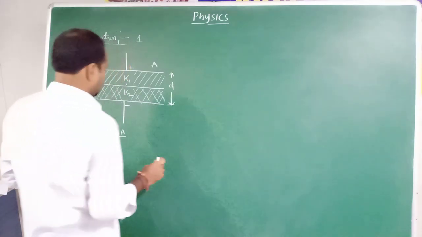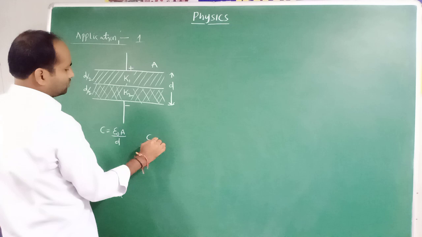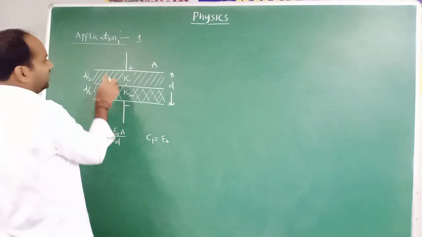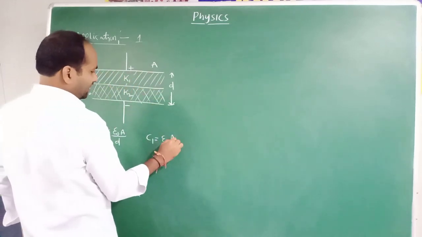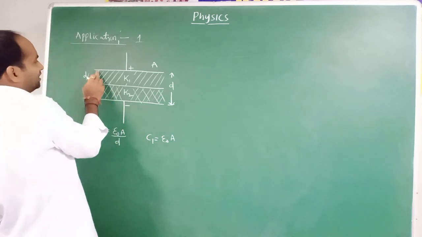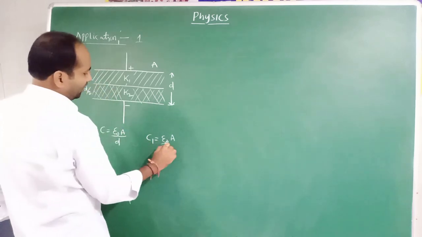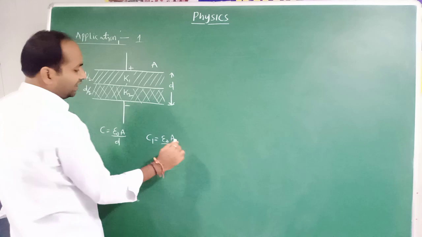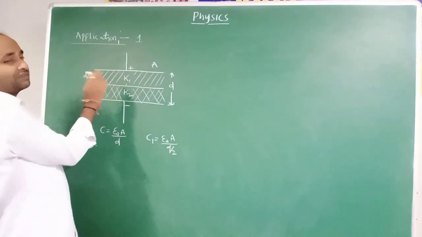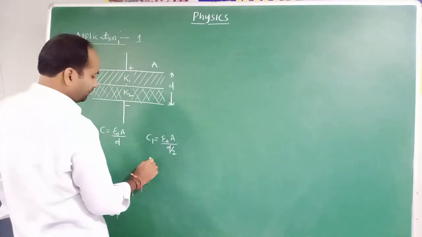C1 can be written as epsilon naught A, where the area of each plate is A and the distance between the plates is D by 2, with air as the medium, but a dielectric slab of constant K1 introduced.